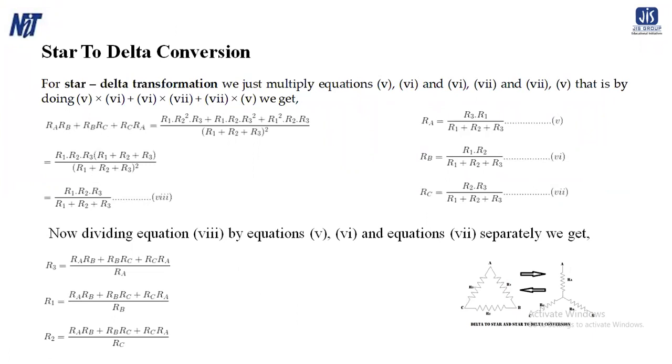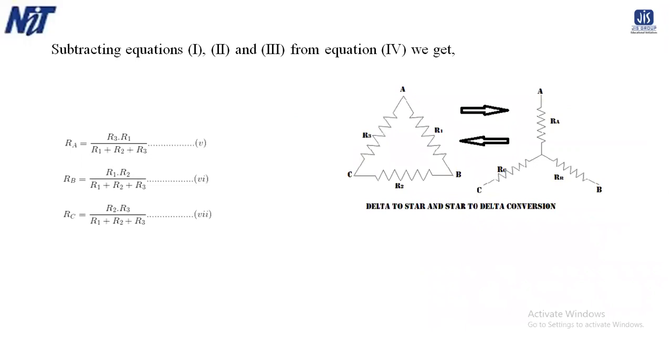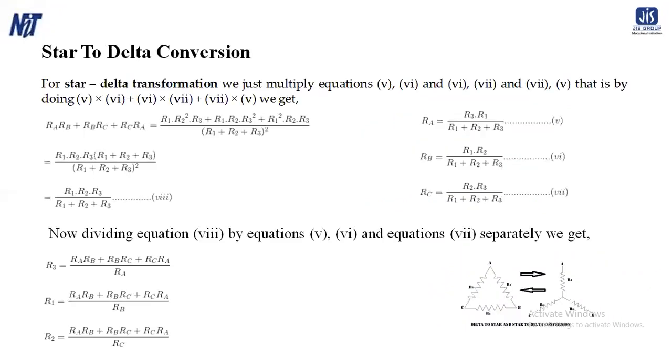Now the star to delta conversion. For the star delta conversion, we take the previous equations, equations 5, 6, 7, and we have to consider all three equations. Then we need to multiply in cyclic symmetric order, 5 and 6, then 6 and 7, then 7 and 5, and then we add them. After adding, we get an equation.